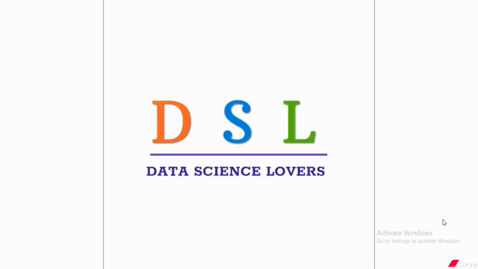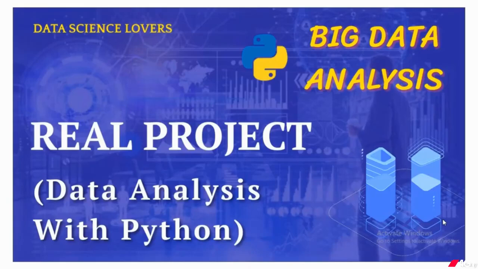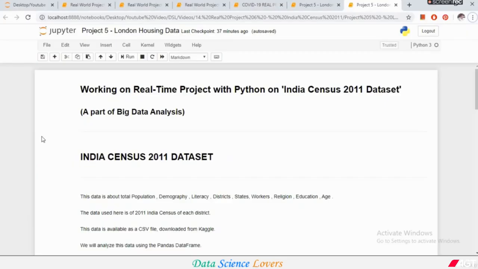Hello friends, welcome to our channel. Today we will do real-time analysis of one more big data with the help of Python. The dataset we have chosen today is India Census 2011 dataset. This data is about the total population, demography, literacy, districts, states, workers, religion, education and age column.